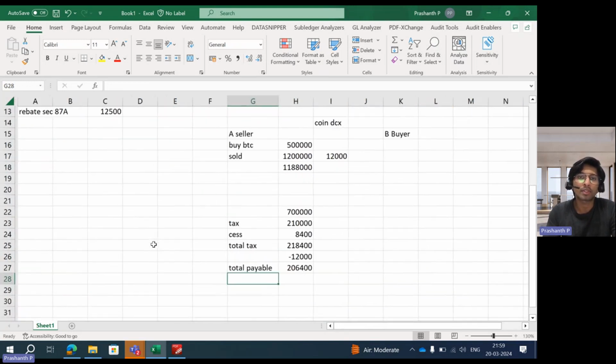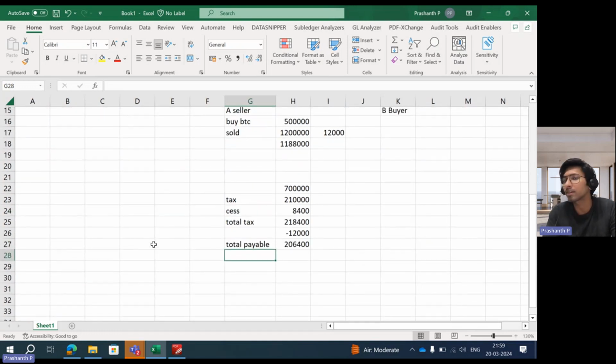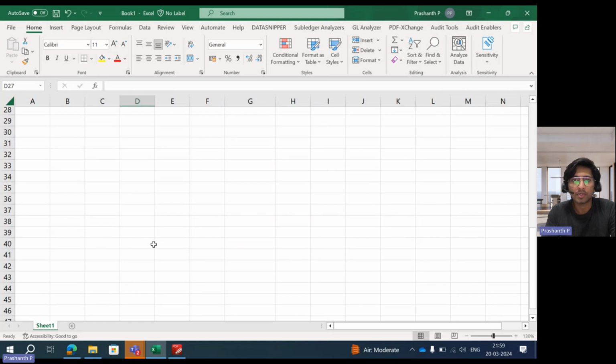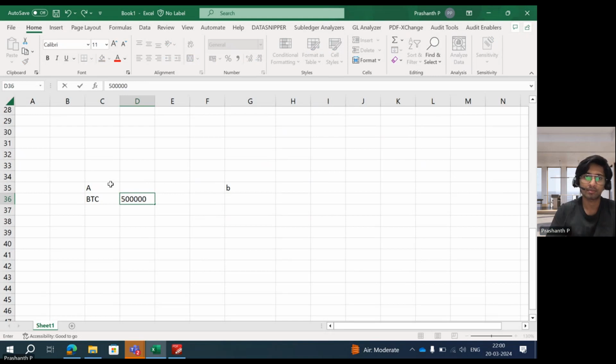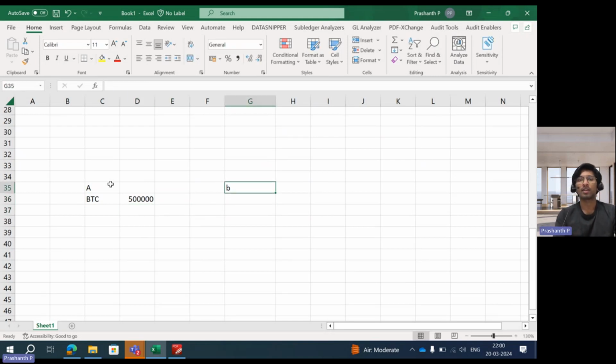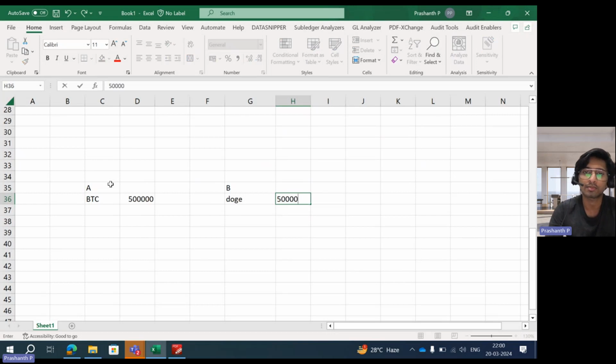Let's take a hypothetical situation. Not hypothetical, it happens in the real world, but we have to study. Let's say this is Mr. A, this is Mr. B. Mr. A has Bitcoin of 5 lakh rupees value. And Mr. B has Dogecoin at the same value, 5 lakh rupees, right?